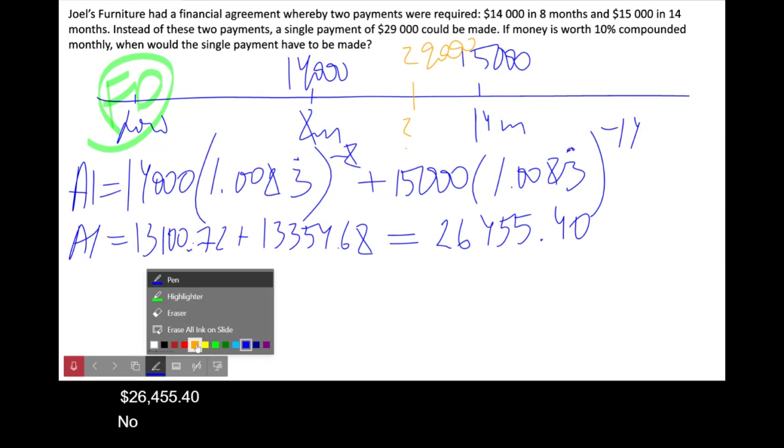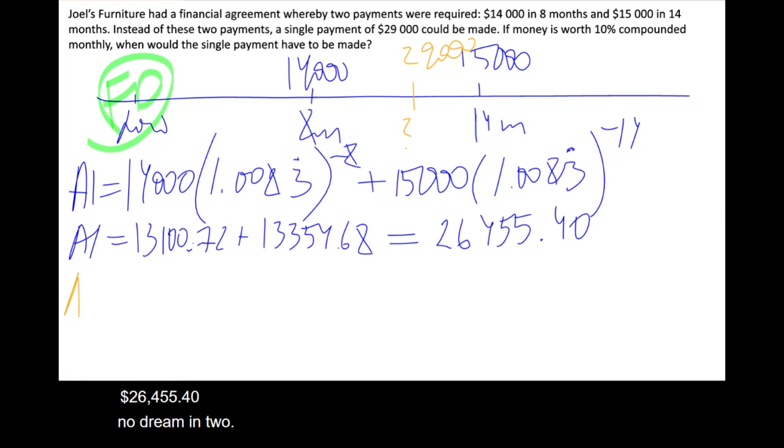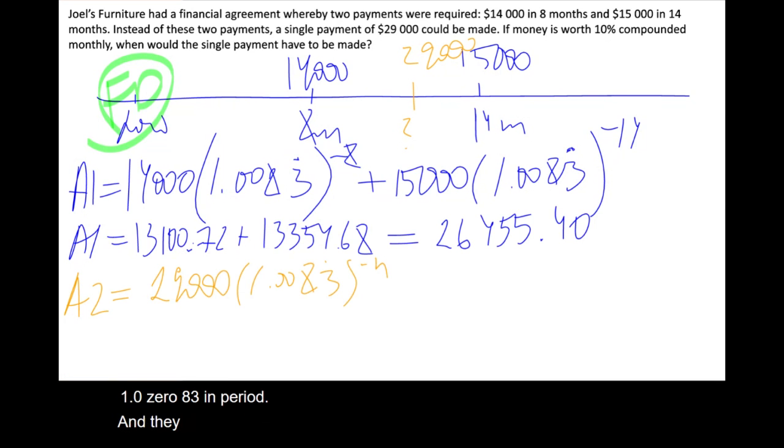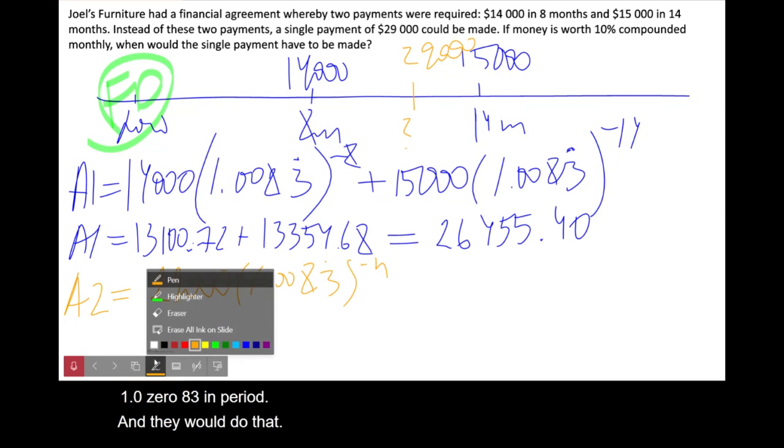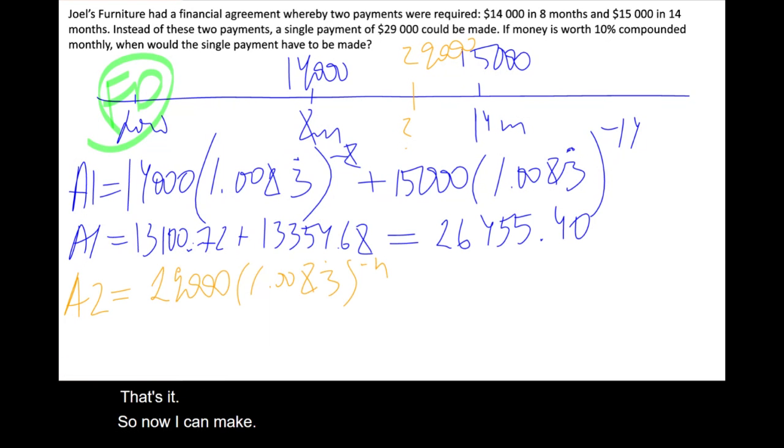Now agreement 2, it is 29,000, 1.0083 in period, negative n. That's it. So now I can make my equation.